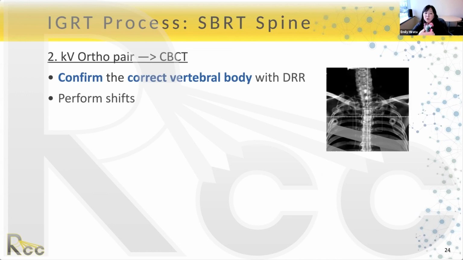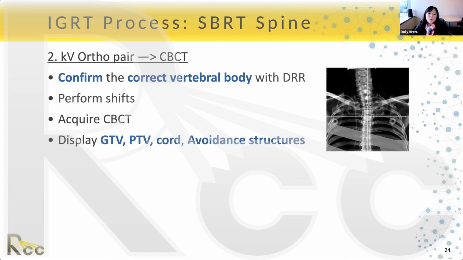That way, you're in the right area. Then when you do your cone beam, because it has a smaller field of view, it's not going to give you this nice big picture, so your cone beam will be targeted on the right area. So really important: first, take a kV ortho pair, confirm you're on the right vertebral body with your DRR and your port image, and then do your shifts.